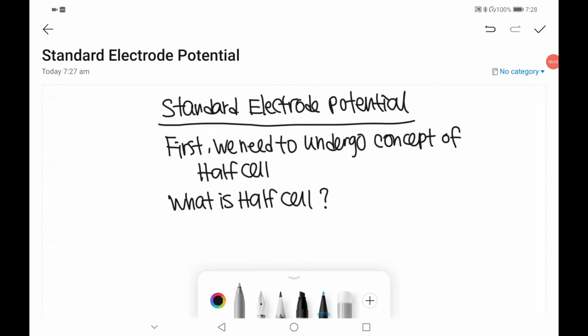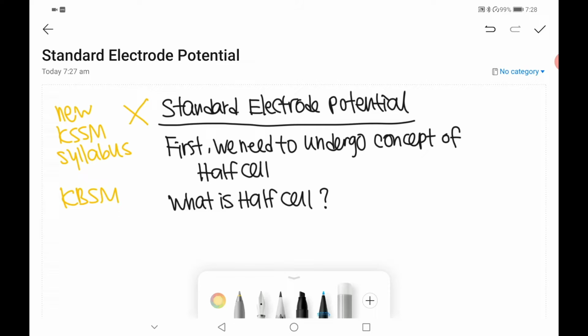Alright guys, in today's lesson we will learn a very important concept which is called standard electrode potential. So standard electrode potential is a new KSSM syllabus. In the old batch of students, in the old KBSM syllabus, they never learned standard electrode potential.